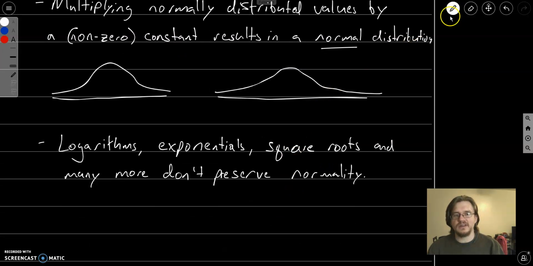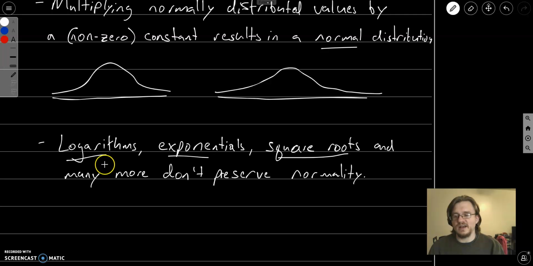However, we should be careful taking logs, taking exponents, like squaring distributions or taking square roots. Those don't usually preserve normality. So if you take a normal distribution and you do something to it that's a little bit funky, you can get something that's not a normal distribution. These are still useful. They appear in nature.